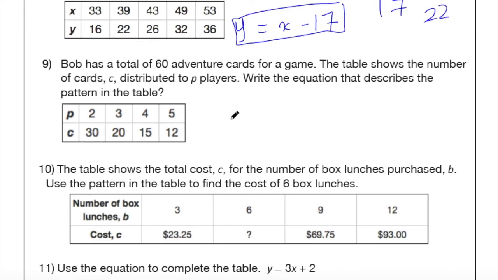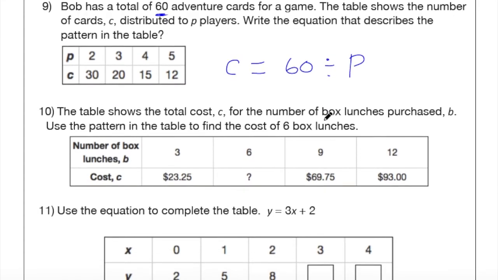So we have subtraction or division. Let us use 60 because the total number of cards is 60. If you divide 60 by 2, it will be 30. If you divide 60 by 3, it will be 20. If you divide 60 by 4, it will be 15. So the rule is C equals 60 divided by P.